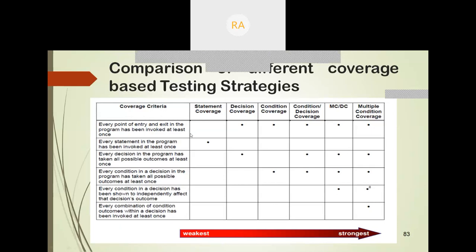Okay, first criteria for the comparison is about every point of entry and exit in the program, whether it is being invoked at least one time or not. Which is well taken care by which method? Okay, decision coverage will take care of this particular criteria.